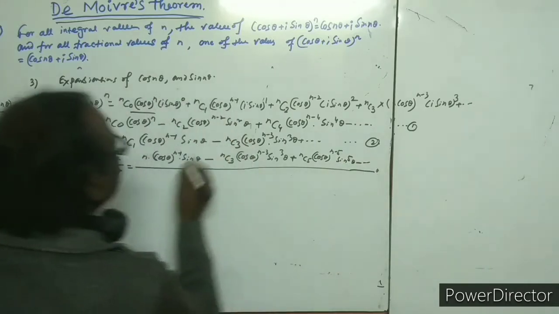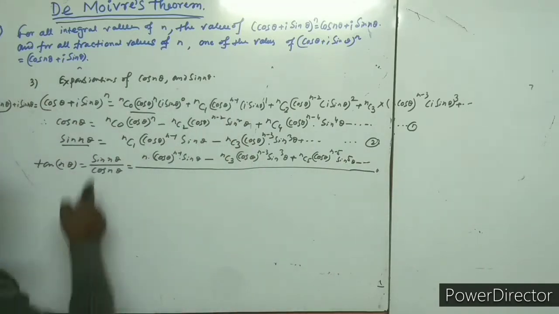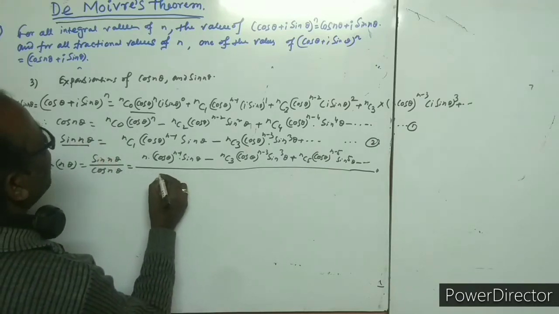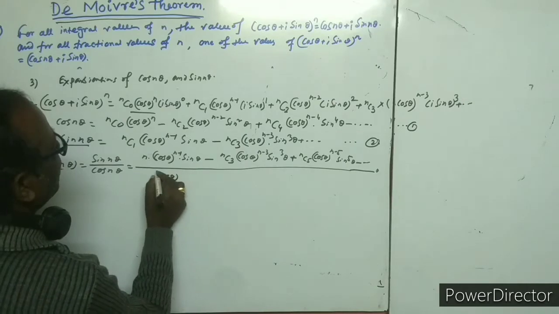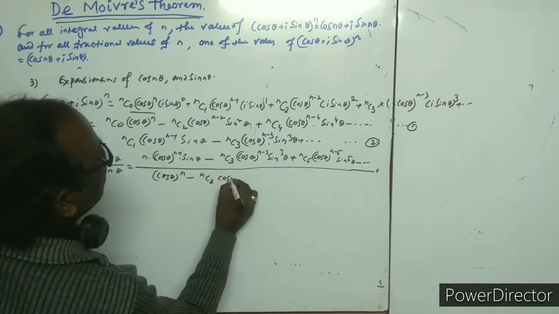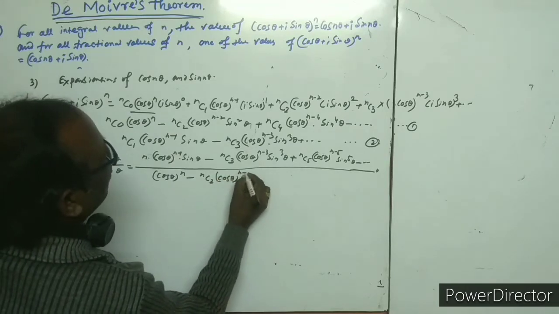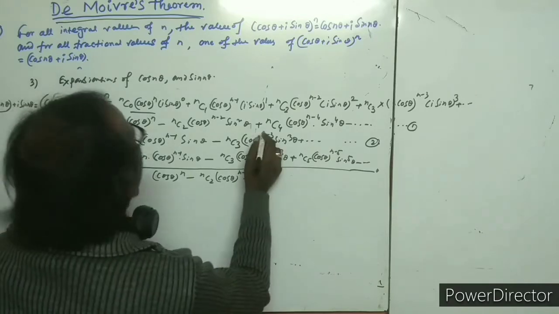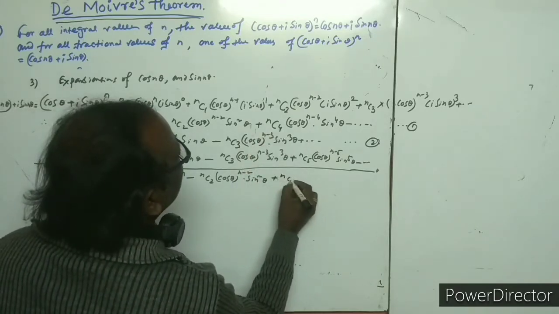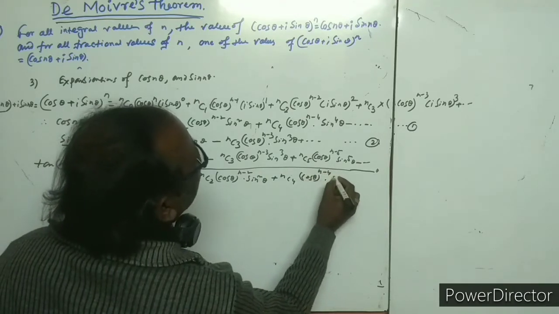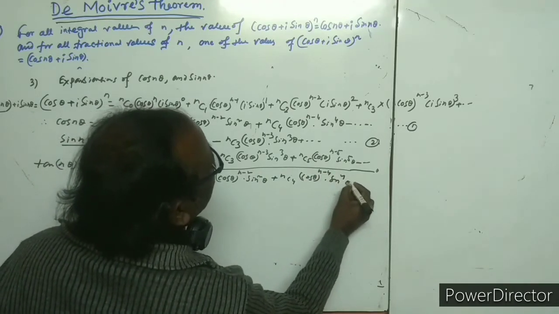Same as for cos n theta, here nC0 means 1, so write cos theta to the power n. Then nC2 cos theta to the power n minus 2 sine square theta. Again nC4 cos theta to the power n minus 4 into sine to the power 4 theta.